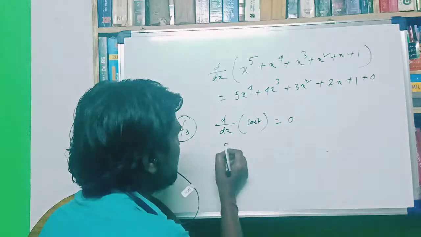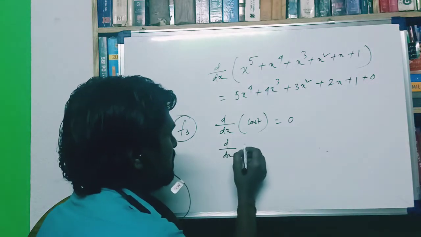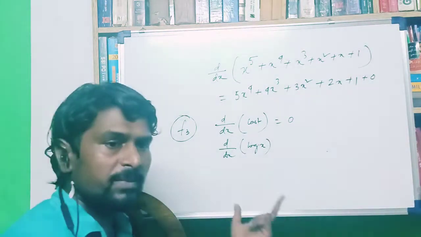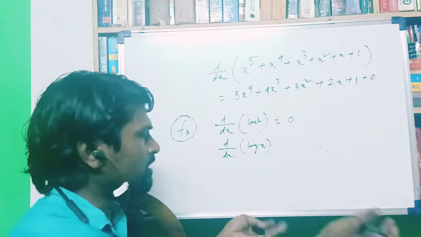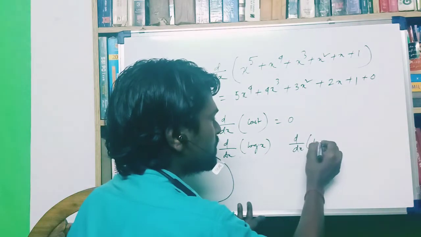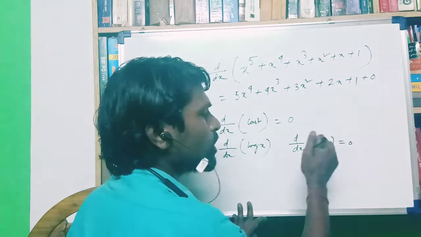Suppose d/dx of log x, it is a logarithmic function, so this rule is different. But d/dx of log 2 is 0, because log 2 is a constant.